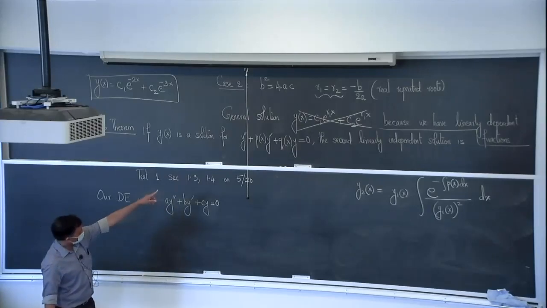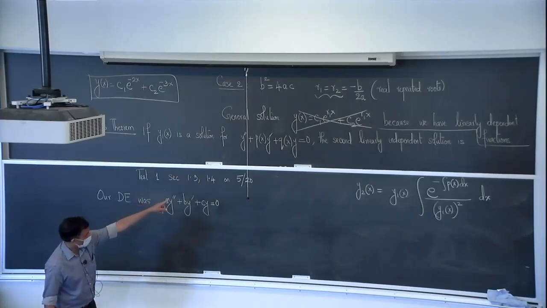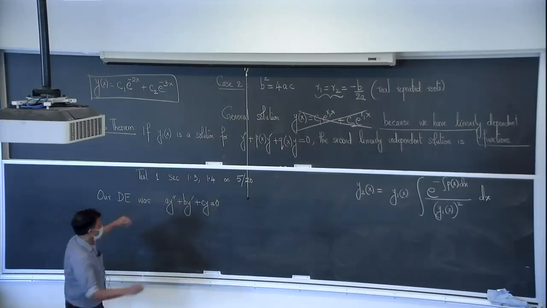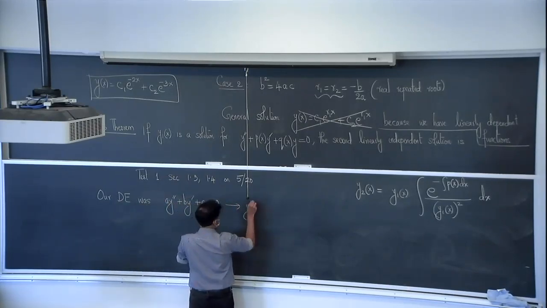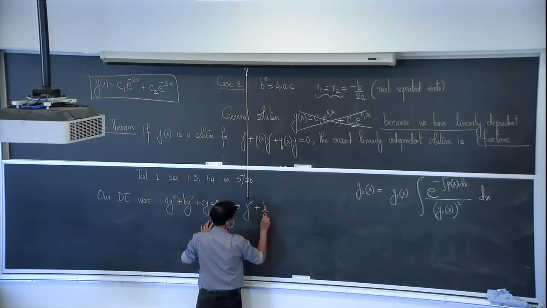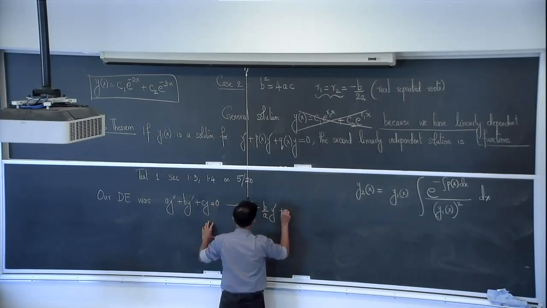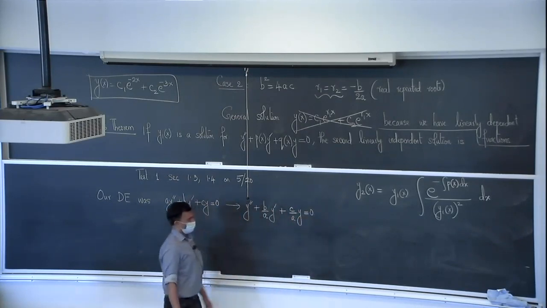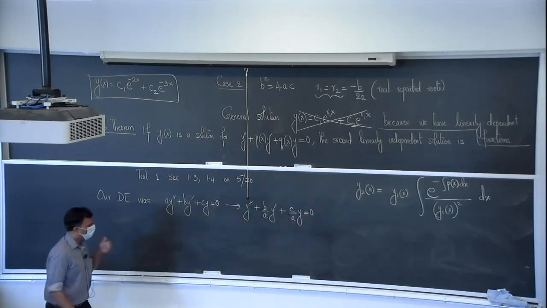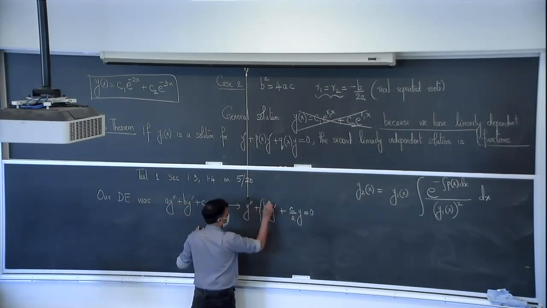We need to convert it into that form there, y double prime plus p of x y prime plus q of x y. So you divide throughout by a, and you get y double prime plus b over a times y prime plus c over a times y equal to 0, so that your p of x is b over a.